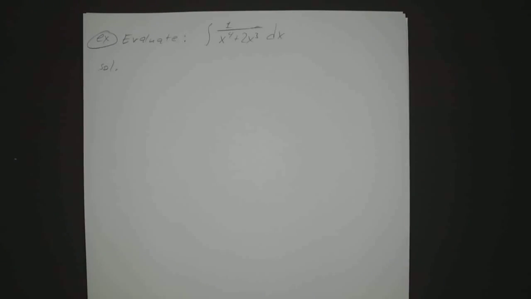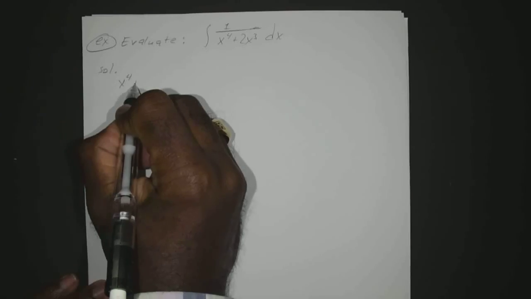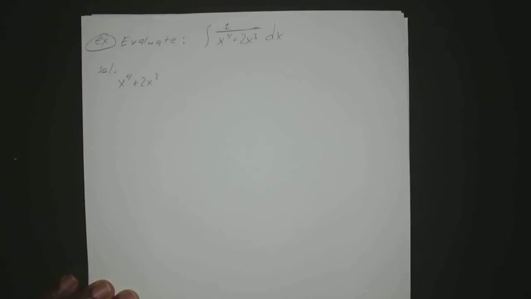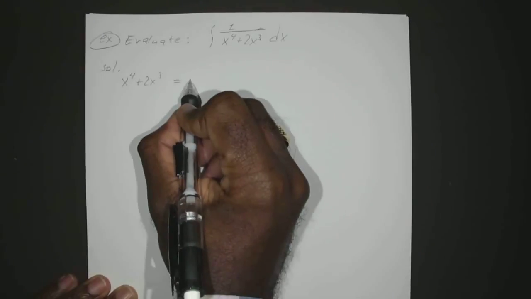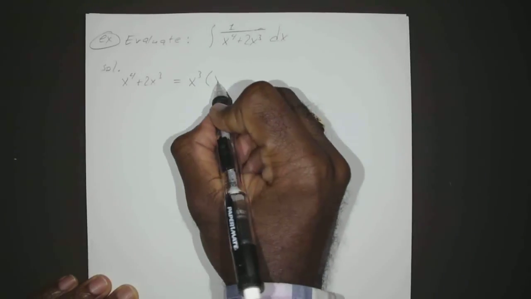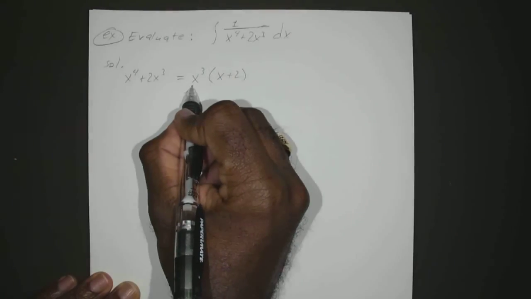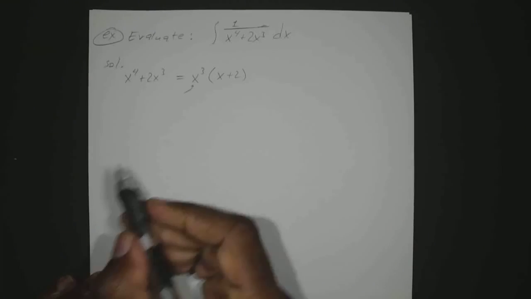Okay, so the first thing we want to do is factor our denominator. So x to the 4th plus 2x to the 3rd. You can actually just factor out an x to the 3rd. So you end up with x plus 2. Now, actually, this one is our repeated linear.